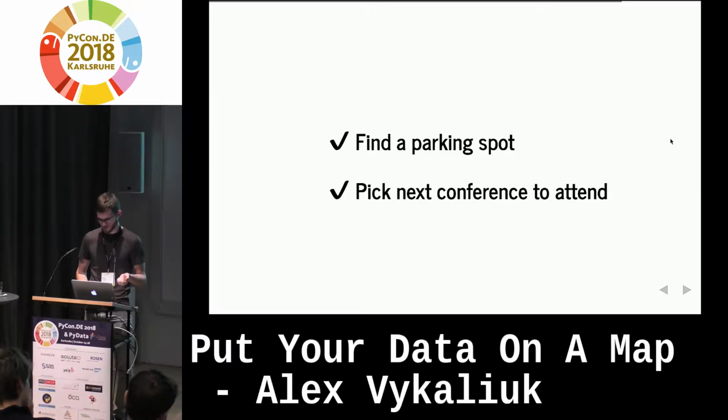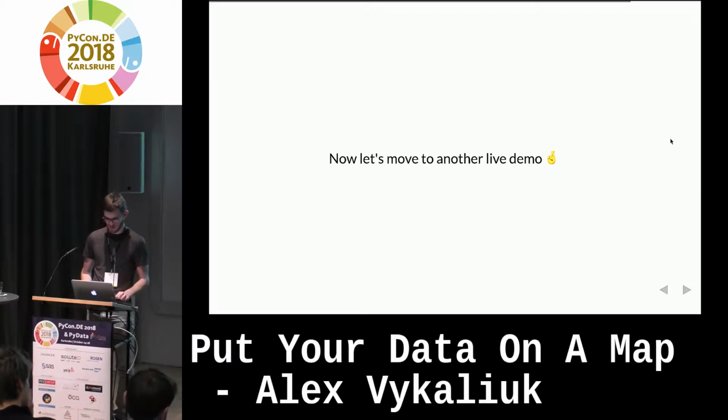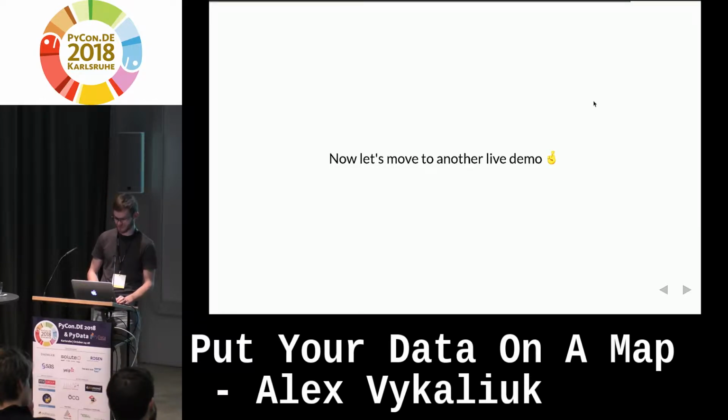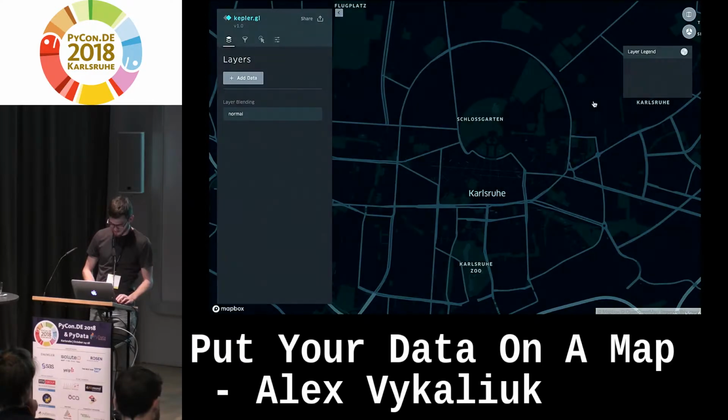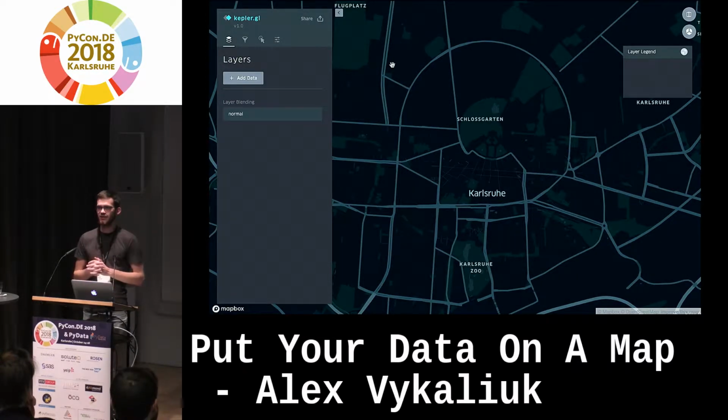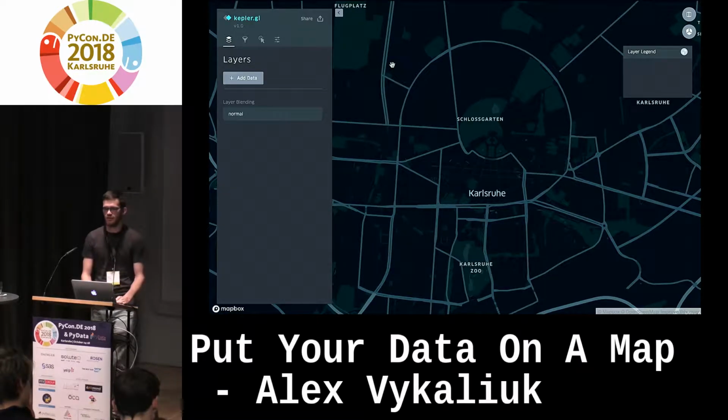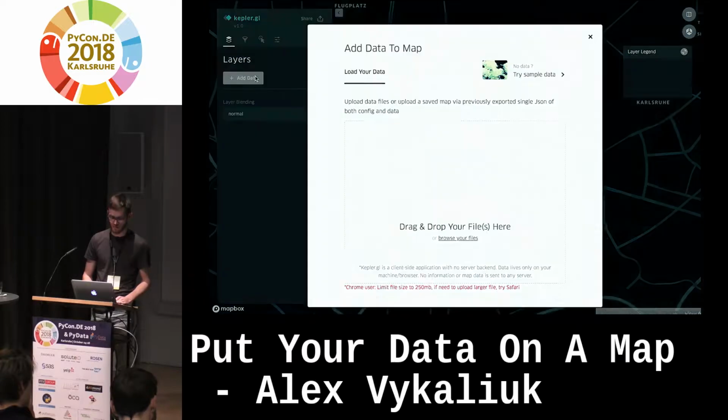Let's move to our next question, and it will be a live demo. So here is a tool called KeplerGL, and it is more interactive and requires less programming skills.